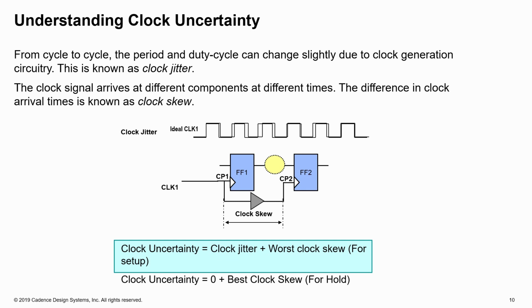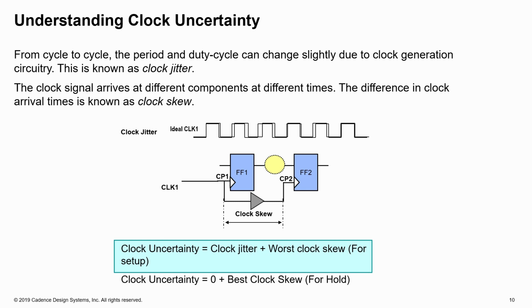And so you use a particular value called clock uncertainty, which is calculated for all the different clocks in your design, and you use that value in your calculations when you're measuring your timing.